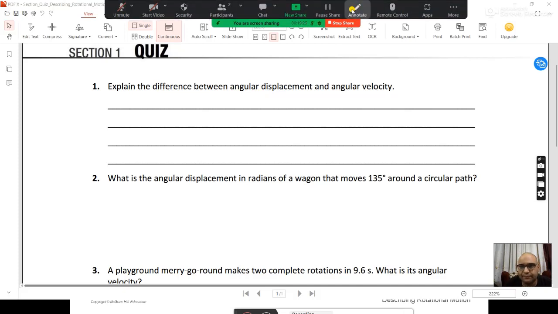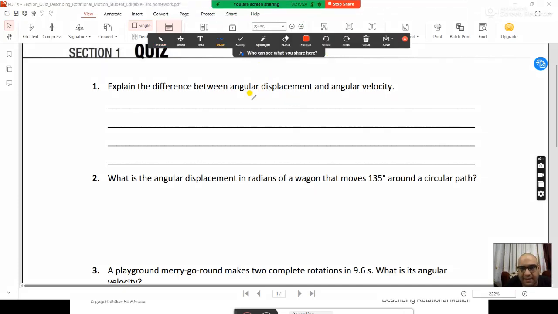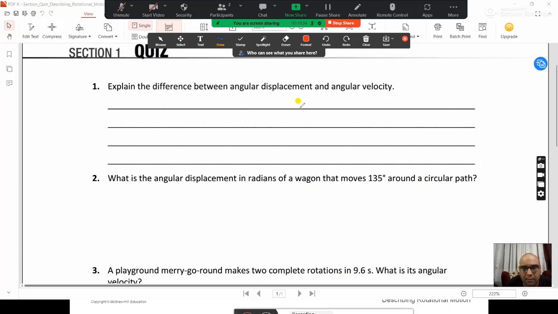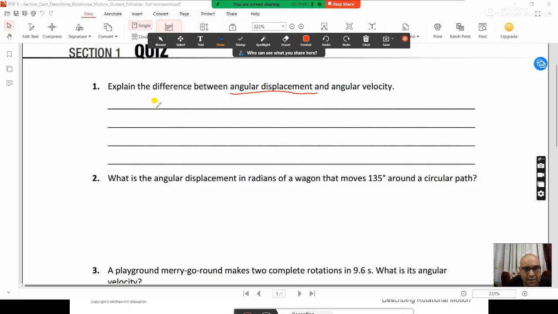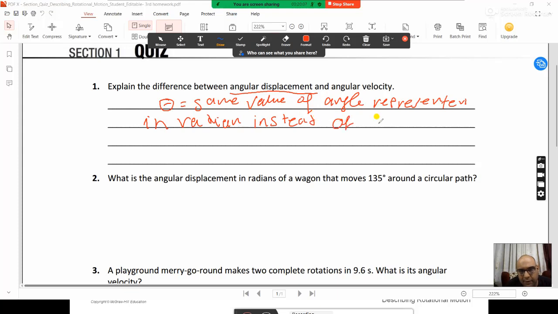Okay, we said that the angular displacement is the change in location by an angle, and to find it is called theta, the same value of angle represented in radian instead of degree.